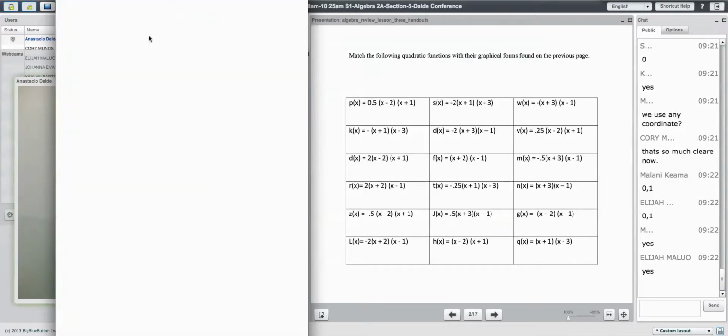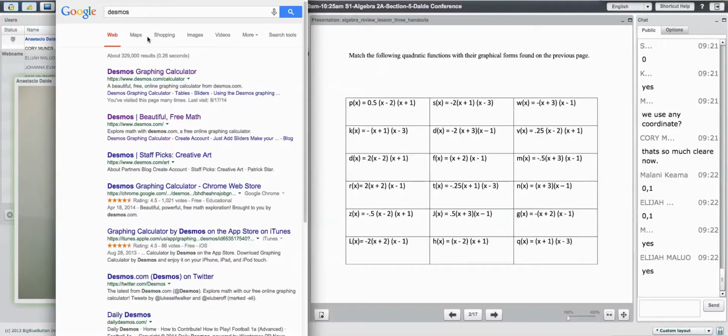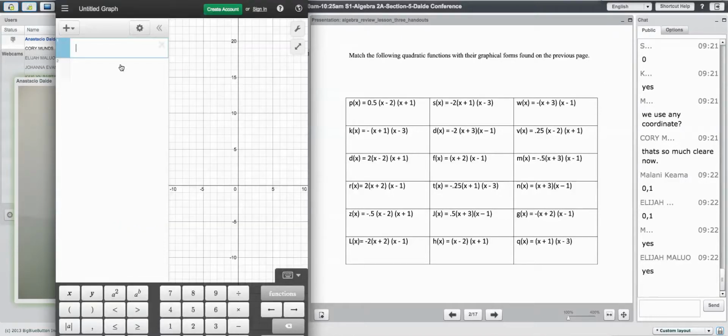And I'm just going to type it in my web browser. All right, so when I go to Desmos, I want you to put in that equation, exactly what it says. I want you to put in 2 parentheses x minus 2 parentheses x plus 1.